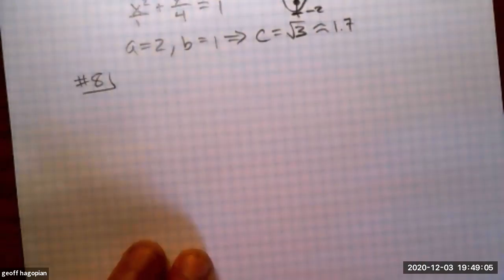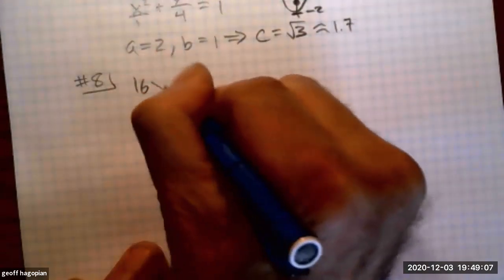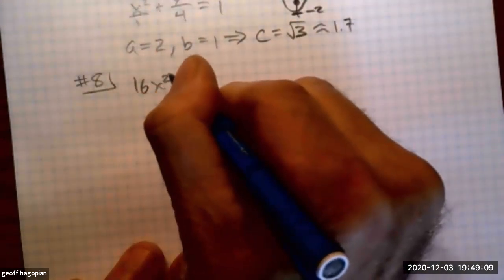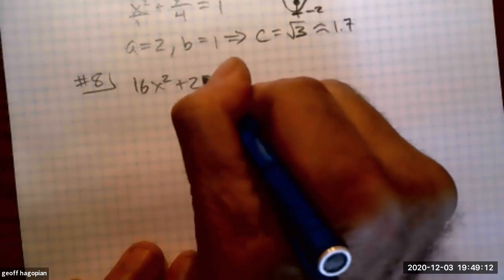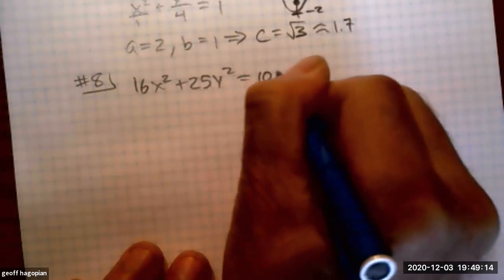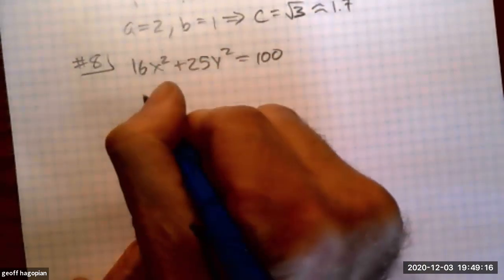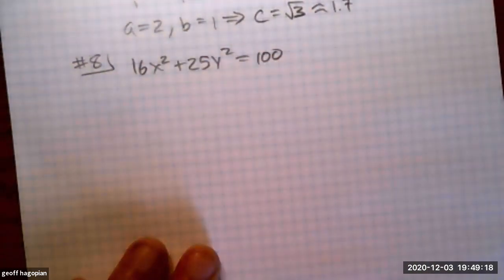So number 8, one more of these. We've got 16x squared plus 25y squared equals 100. So in this case, we divide through by 100. Did I get that right? Oh, it's 400. Sorry.